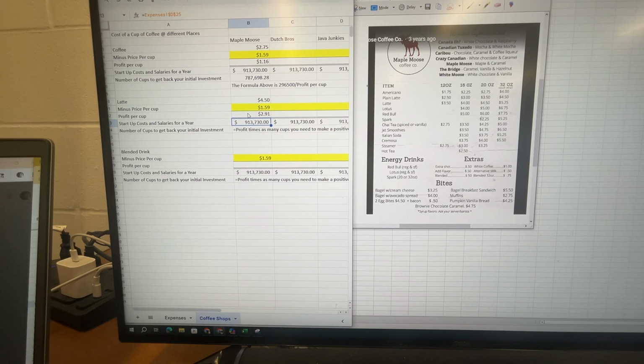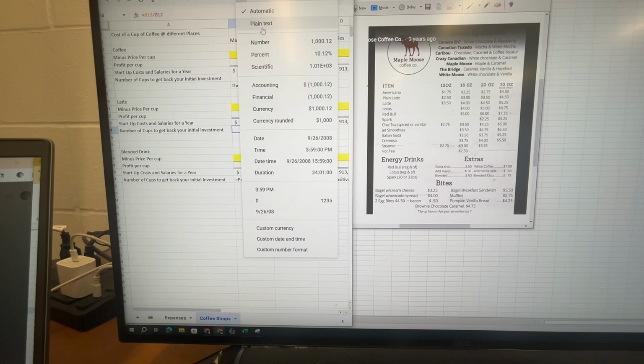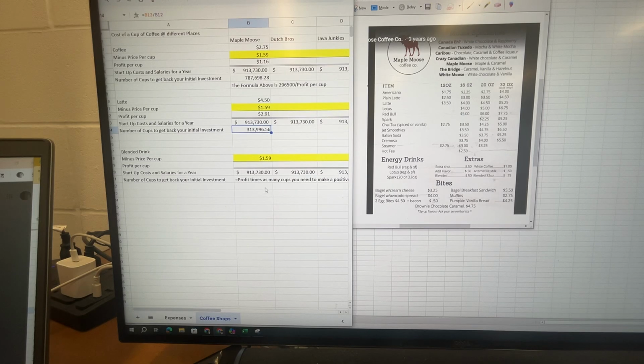And the profit is $2.91. So then we do that same formula, equals that, divided by the profit per cup. Now we only have to sell about 313 or 314,000 cups of coffee to make a profit. So that is awesome.